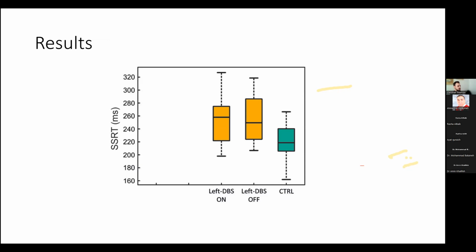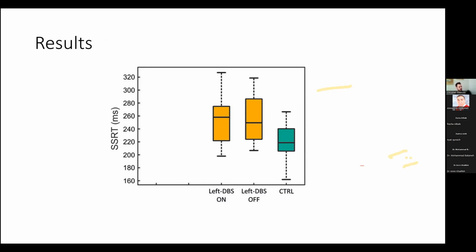The control is in green, and as you can see, the stop-signal reaction time is relatively short, about 220 milliseconds. And here we have the left deep brain stimulation on, and patients with the left deep brain stimulation off on the other side.